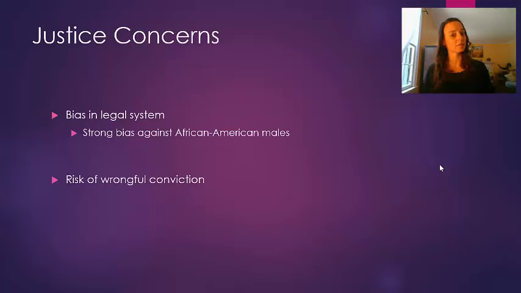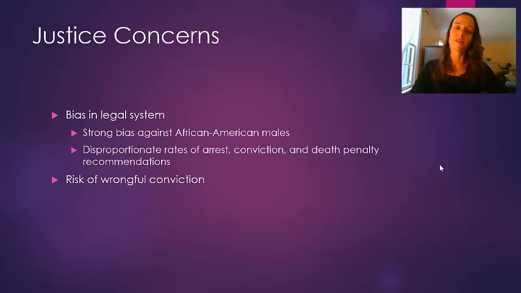Once that case goes to trial, we also have biases in lawyers and the juries. So in general, African American males are depicted by prosecuting attorneys and are seen by law enforcement officers as dangerous to society. And that leads them to engage in practices that result in this skewing of the legal system against them.